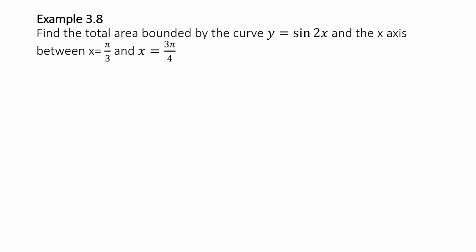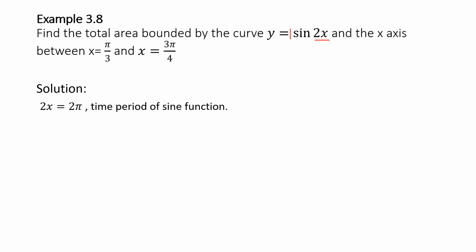Another example, sine 2x. So here amplitude is 1 and time period, if you know. So time period for sine of x is 2 pi.